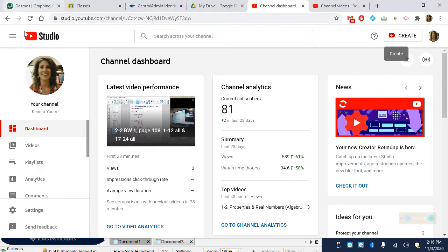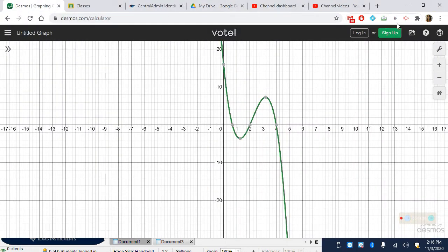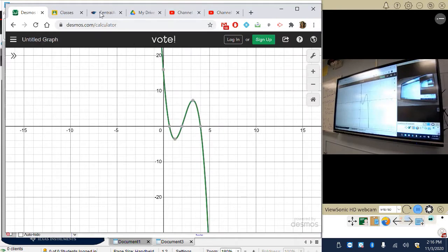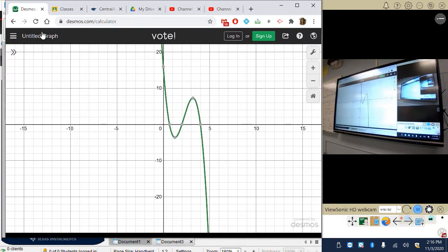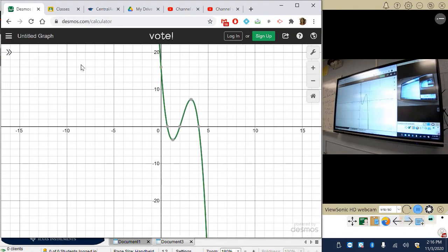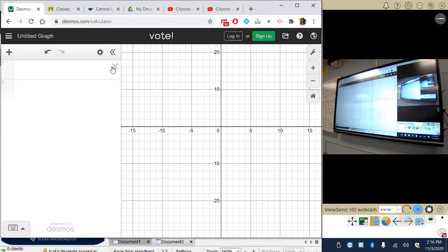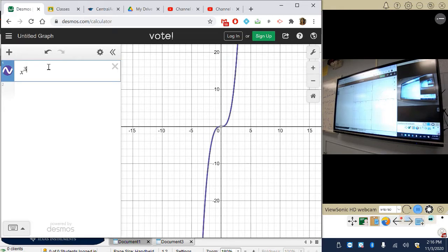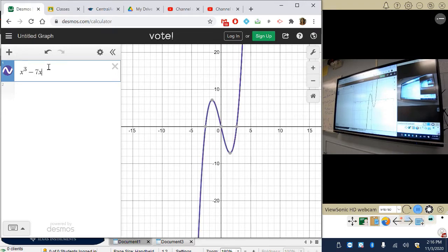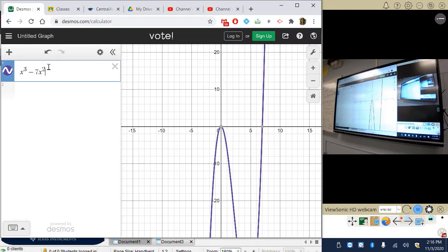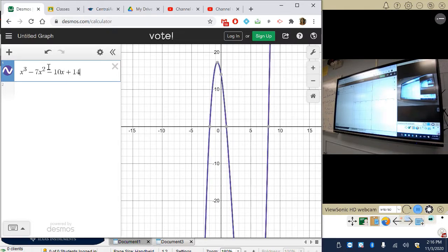So I'm going to come over here to Desmos, and I am going to clear this out, and I'm going to put my function in there. My function is going to be x cubed minus 7x squared minus 10x plus 16.